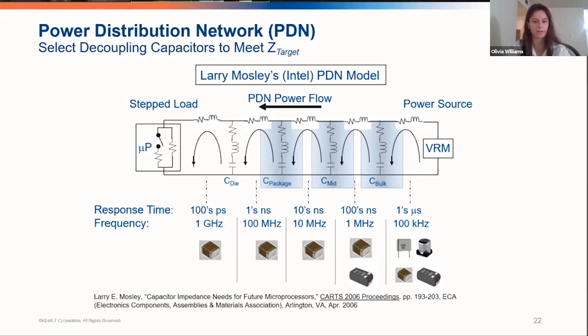And then smaller capacitors, as we move on with smaller values and low series inductance, provide the faster frequency decoupling. And we kind of follow that trend all the way down to the 1 gigahertz.